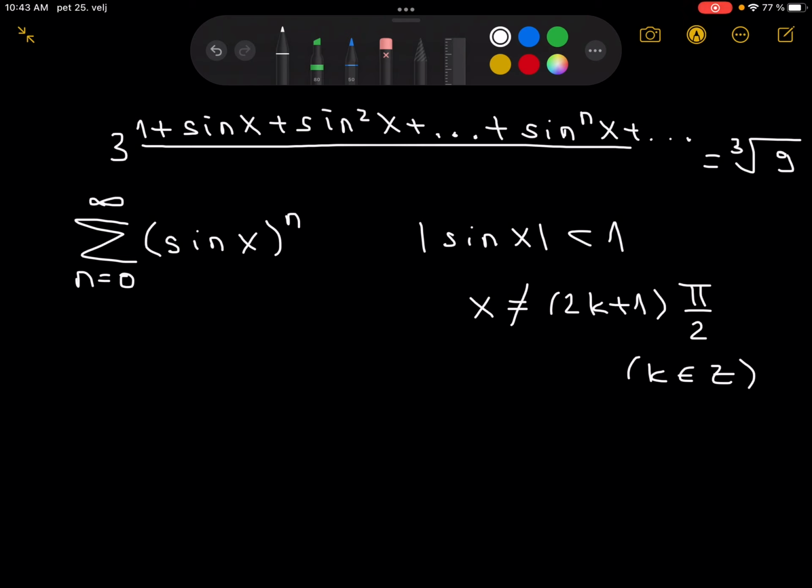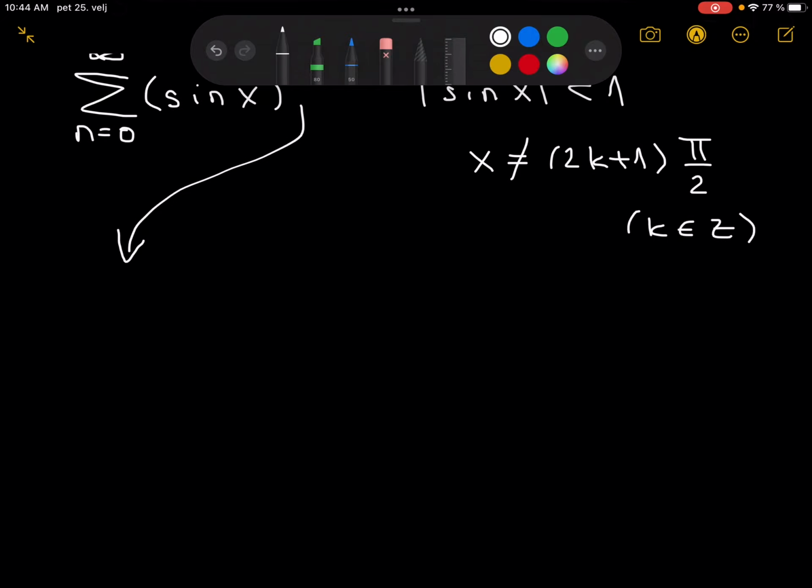So we know that this is also a geometric series, whose quotient q is equal to sine x, and the sum of these convergent infinite geometric series is equal to the first member, which is in this case just 1, over 1 minus the quotient, which is just sine x.